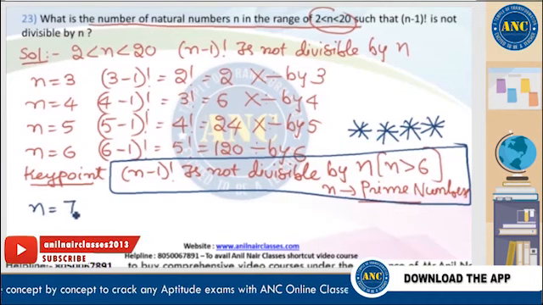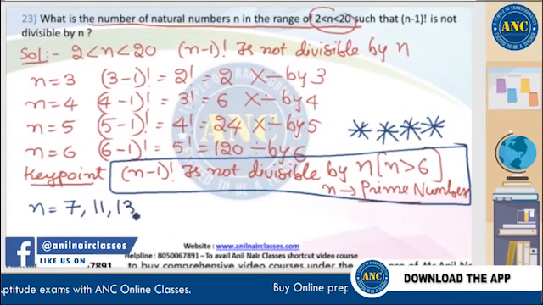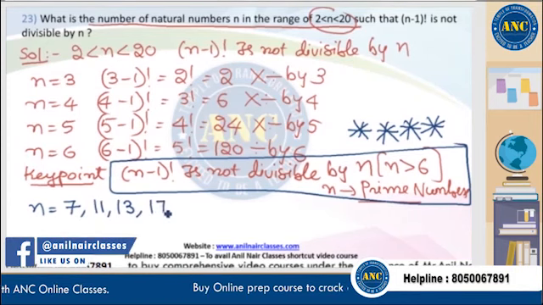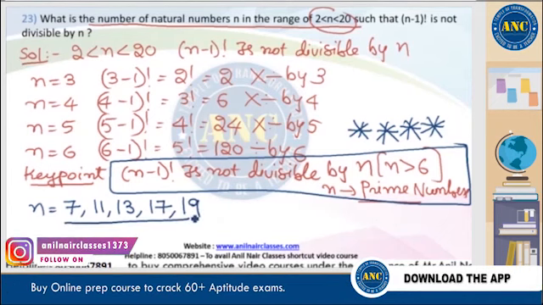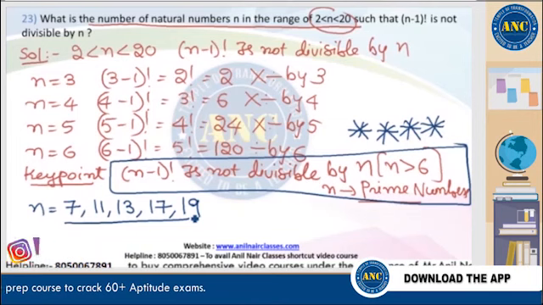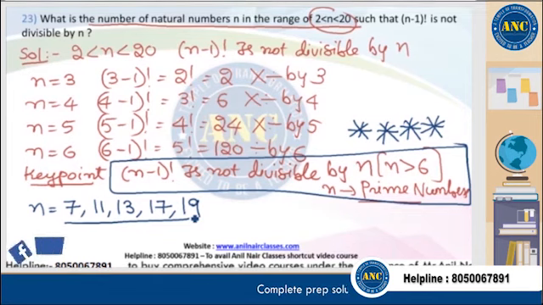Let me take all the prime numbers greater than 6: 7 is a prime number, 11 is a prime number, 13 is a prime number, 17 is a prime number, 19 is a prime number. So till 6 we have to check one by one, and from greater than 6, it is always n is a prime number.